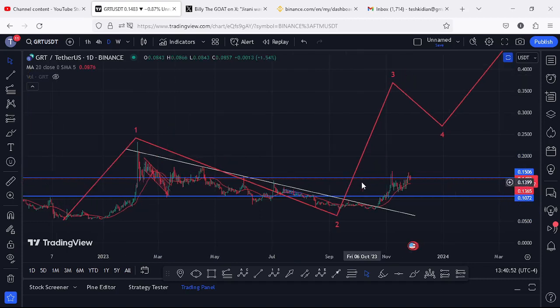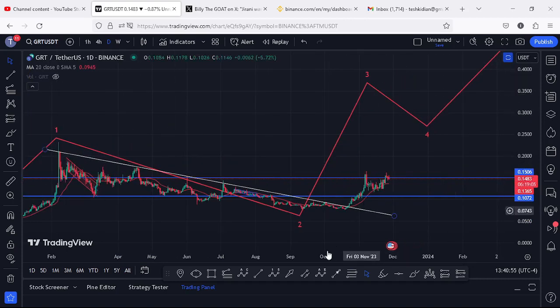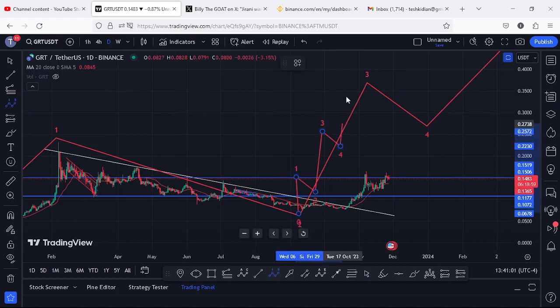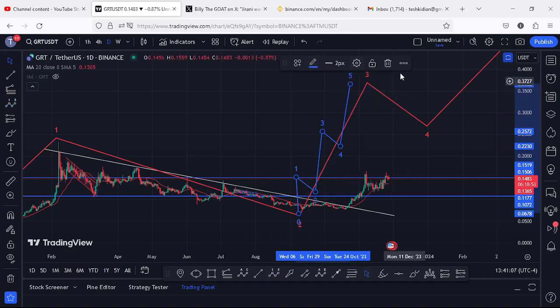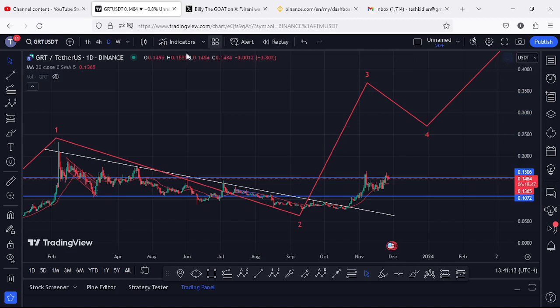Because of the impulsive nature in the formation of this wave 3, I'm also expecting to see a 5-wave structure play out within the formation of that wave 3, having the wave 5 fully maximizing our minimum target areas to the upper side. I believe this is the move that is playing out, and that is better seen on the 4-hour chart.